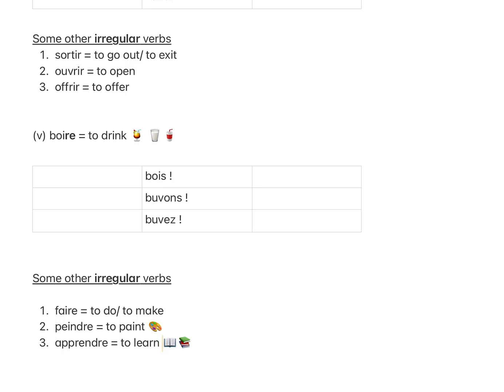So as you can see, all these verbs end with RE, but they are not conjugated like regular RE verbs, and therefore they are irregular verbs. They are irregular RE verbs. So to make the imperative form for these verbs, we will be following the same steps that we just saw.